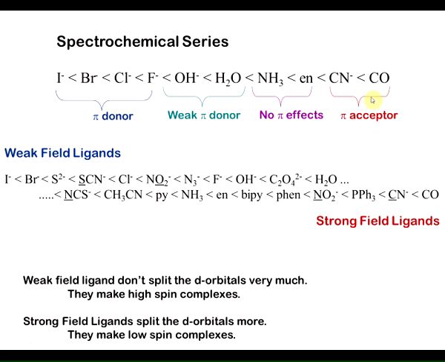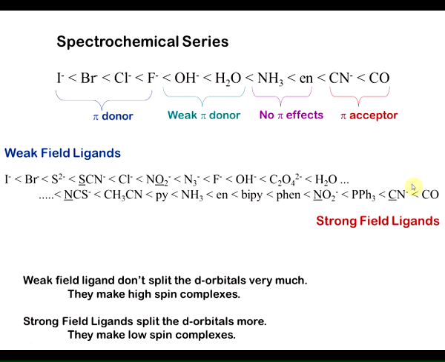They can pull those d orbitals apart much more easily, and so you get a greater separation. So the greater the separation between those d orbitals, the more likely you are to have low spin complexes. So like an iron cyanide, like ferricyanide, or other carbonyl complexes, you're likely to see low spin complexes.